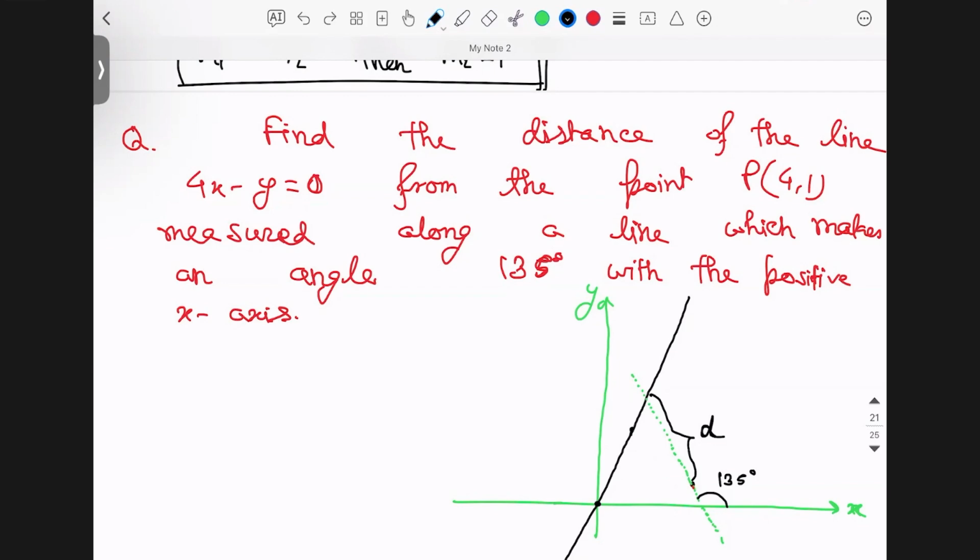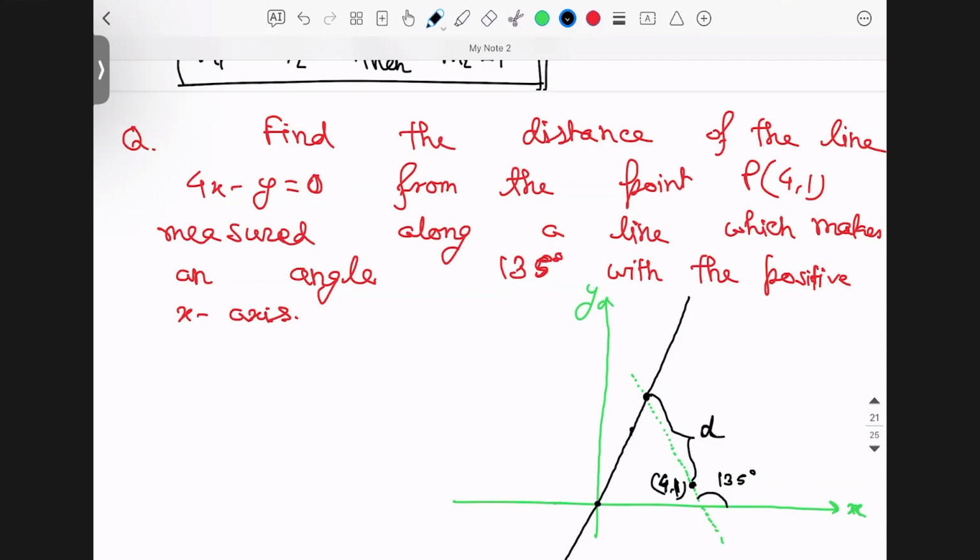This point has coordinates (4, 1). The idea is, if we can find the coordinates of this point, then we can find the distance between these two points. So how can we find the coordinates?